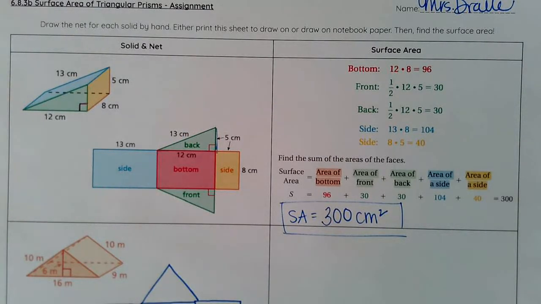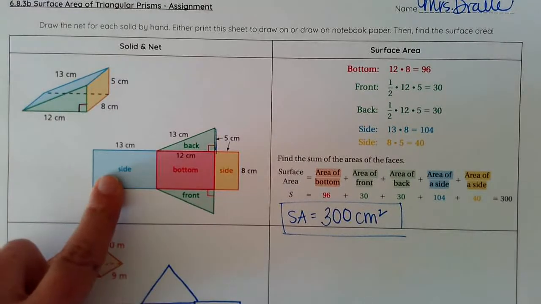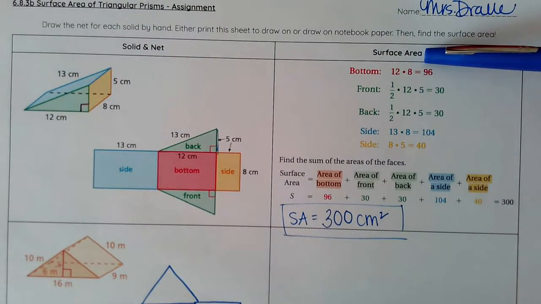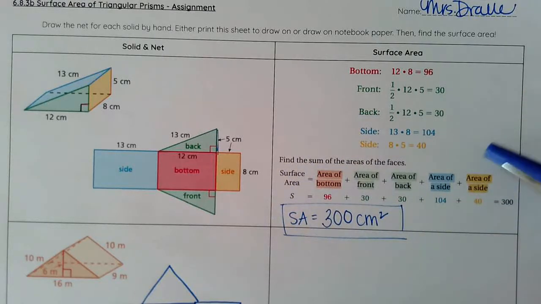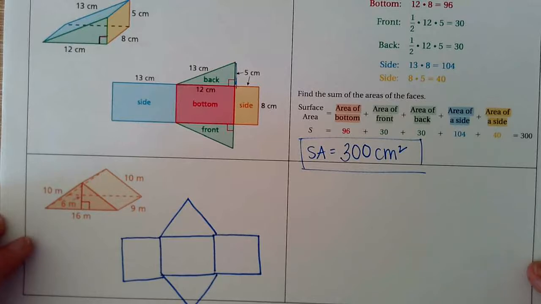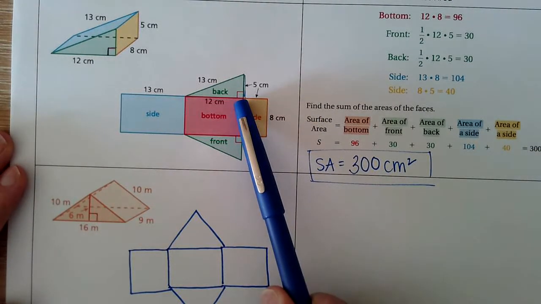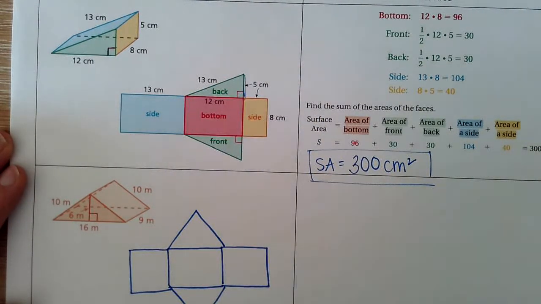So this number tells me the area of all of these faces combined. The first step was to draw our net. The second was to label our dimensions. Third is to find the area. And step 4 is to find that sum. Let's do one more together. Before we do that, I want to bring your attention to those differences in our triangles. This was a right triangle, so we had that base and that height.